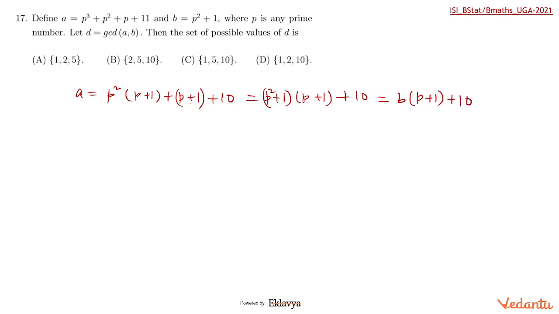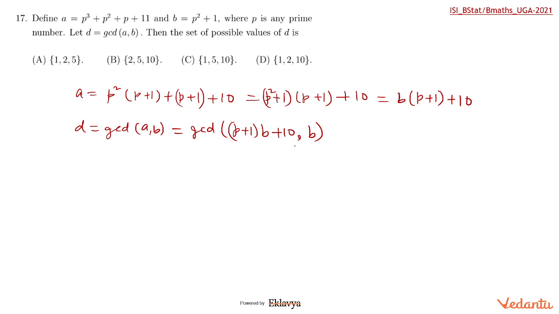This is A. So D, that is GCD, GCD of A comma B is basically GCD of P plus 1 into B plus 10 comma B.